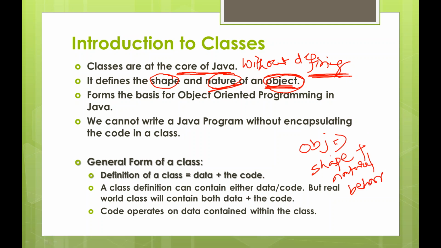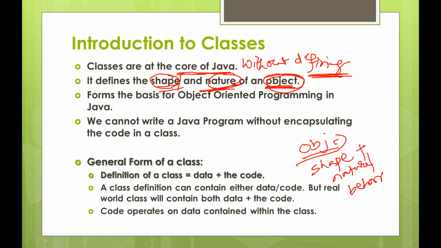You can think of any object, for instance a pen. It will have its own shape, a certain length, whatever you can think of. Nature is that you can write. You can have different colored pens, all those things. So it will have shape and nature or behavior.